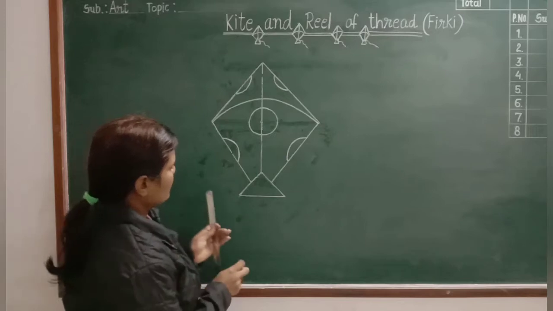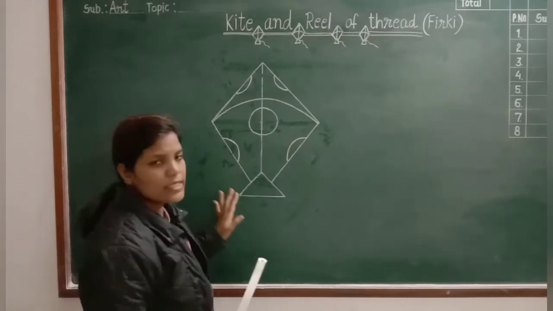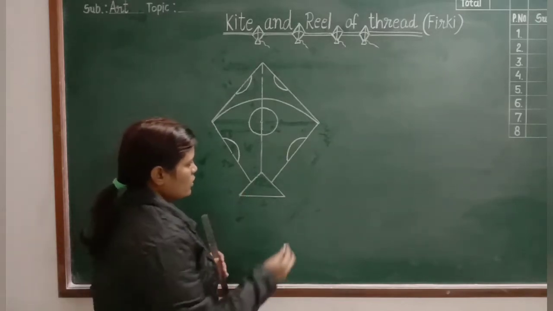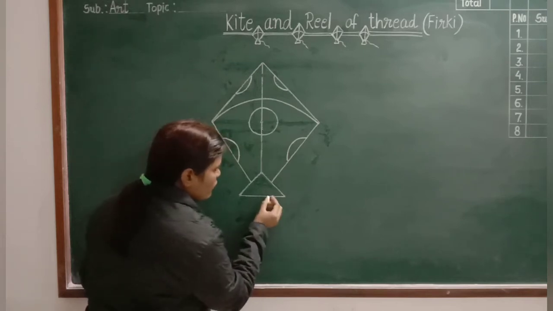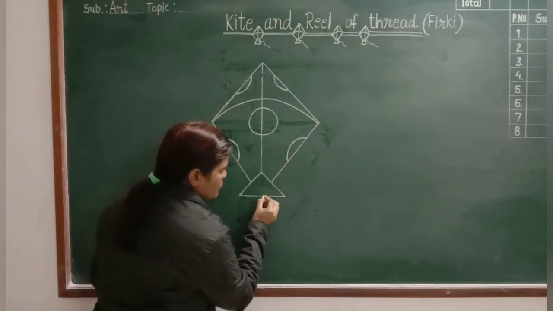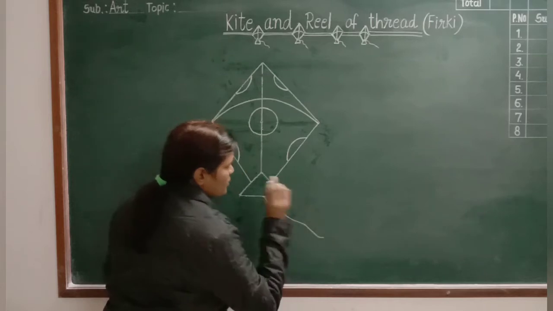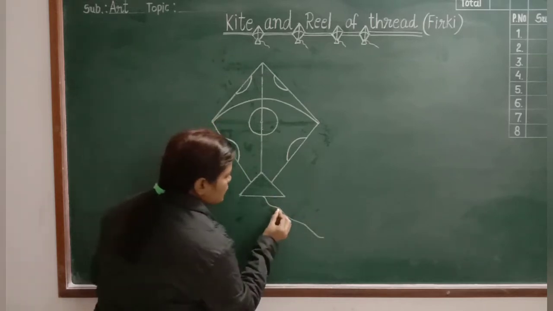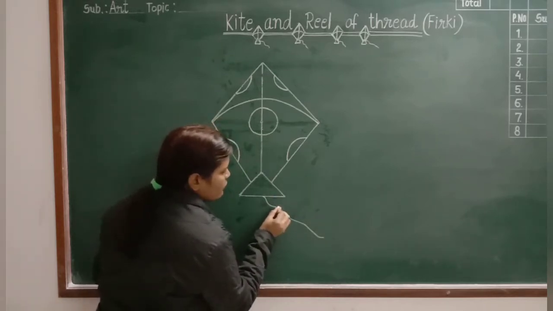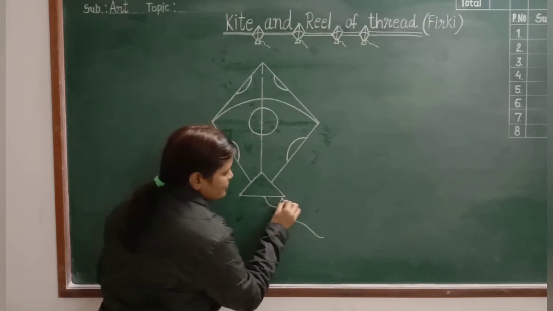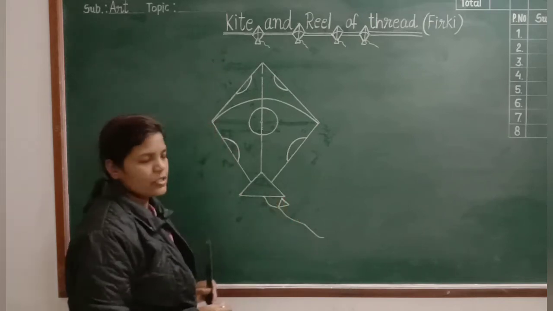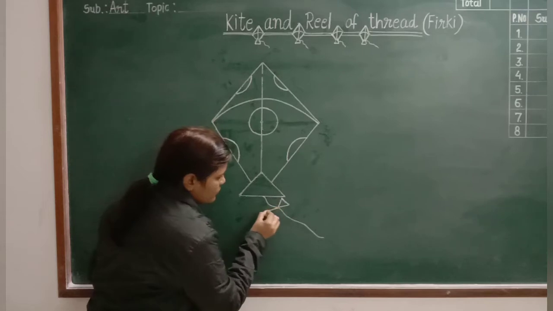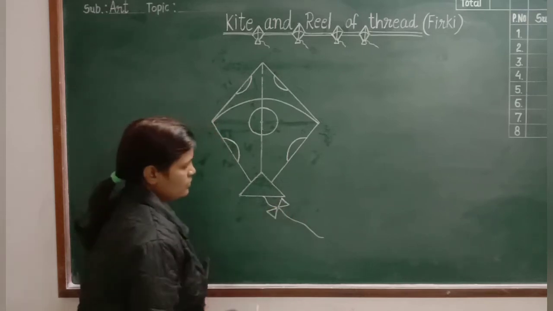Now our kite is ready. Now here we will make tail, okay, like this. Now from here we will draw triangle shape, like this.